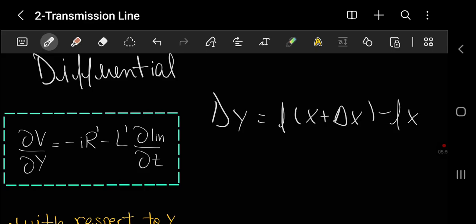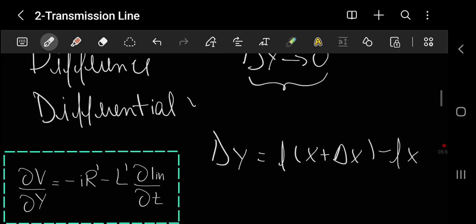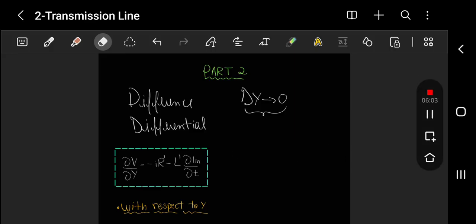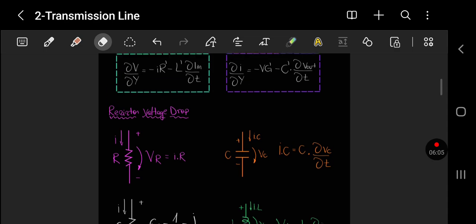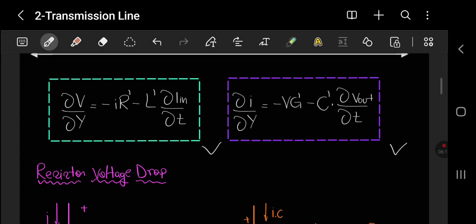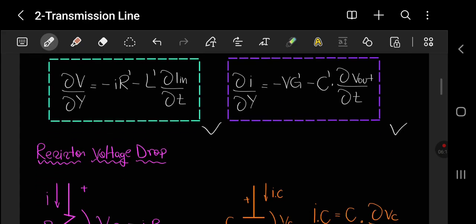On the other hand, we have the differential, which by definition is an infinitesimal change in the variable. What these equations are telling us is that each section of partial y of the line creates changes in the voltage and in the current.